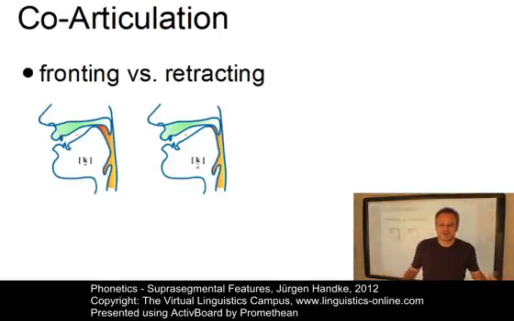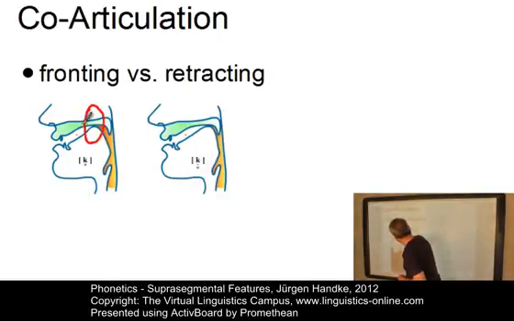Now, whenever k precedes a vowel as in ki, the constriction at the velum is fronted. So here is about the constriction, and the additional diacritic is a little plus symbol showing that there's some sort of fronting of the tongue involved.